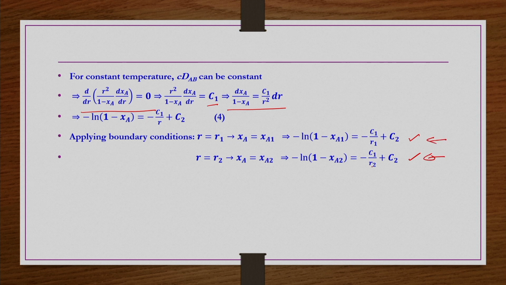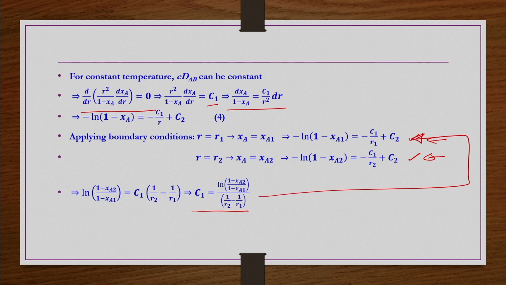Then you subtract the below equation from the above equation, and you get ln of 1 minus XA2 divided by 1 minus XA1 is equals to C1 multiplied by 1 by R2 minus 1 by R1, or C1 is equals to this. This C1 you take and substitute in the first equation.